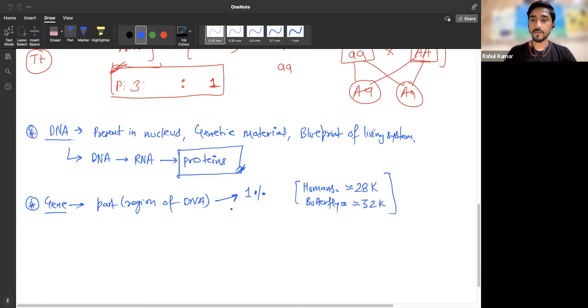We already had sequenced other lower organisms like yeast and bacteria and some lower invertebrates. So we thought that we must be having around 1 lakh to 1.5 lakh genes, but it came out to be around 28,000.